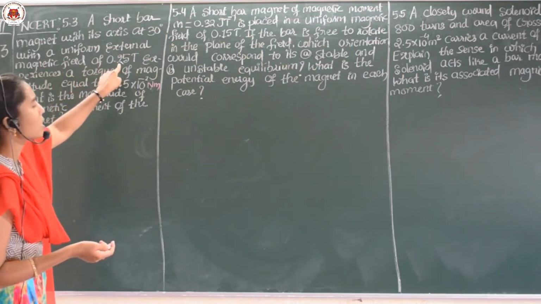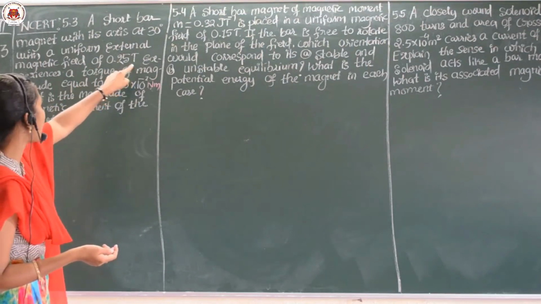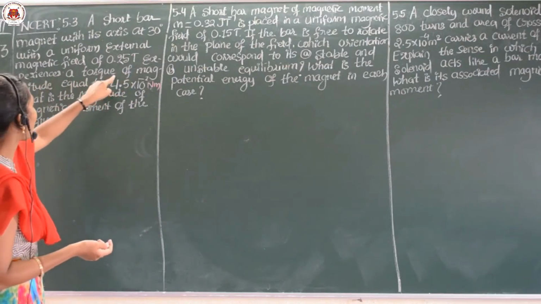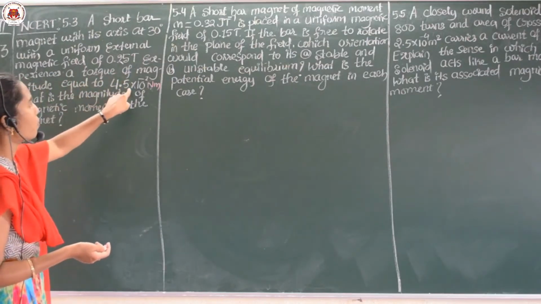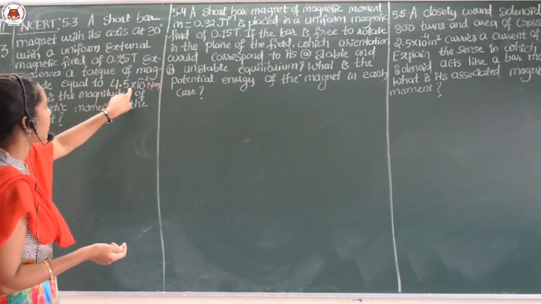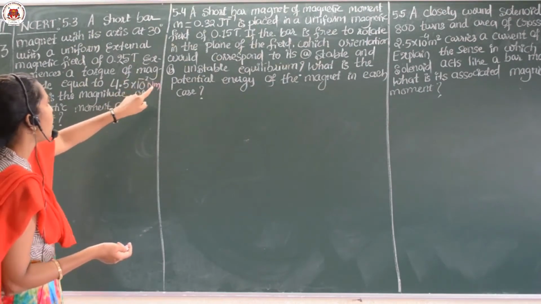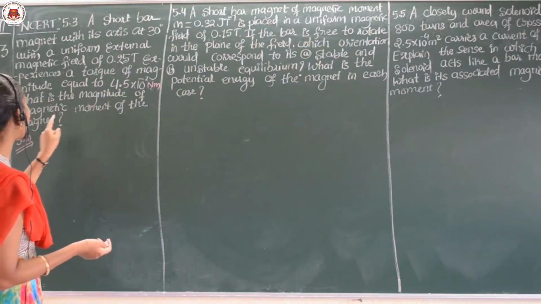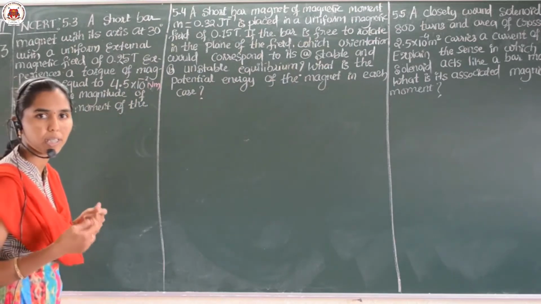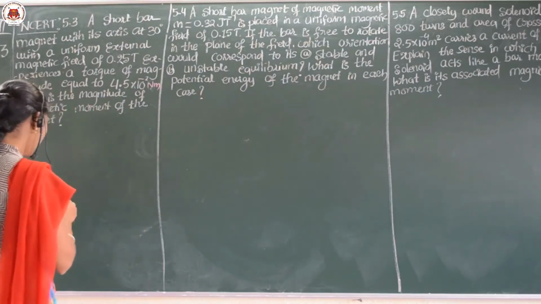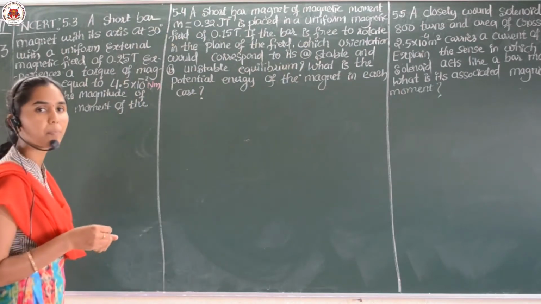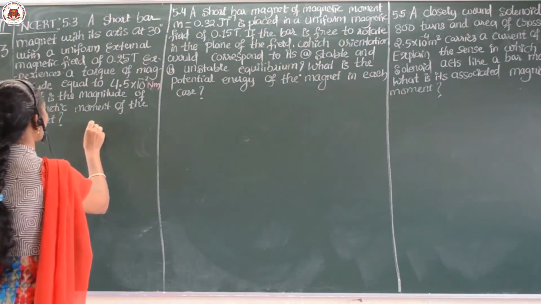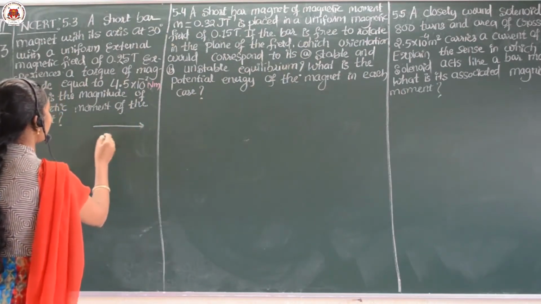That field is 0.25 Tesla and it experiences a torque of magnitude 4.5 into 10 raised to minus 2 Newton meter. Now the question is, what is the magnetic moment? The small m you need to calculate. If you draw the diagram, that will also help you to find the result.